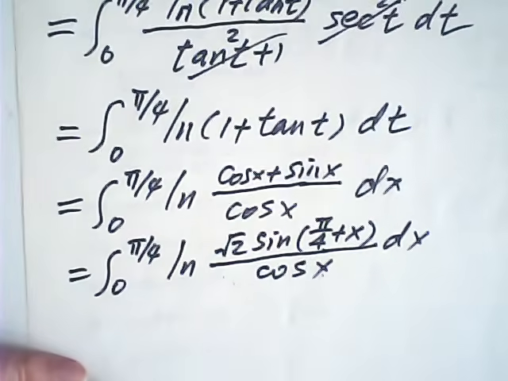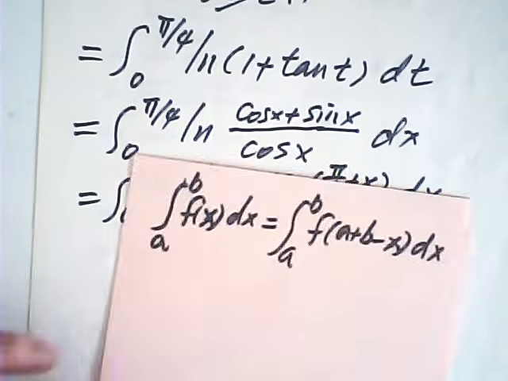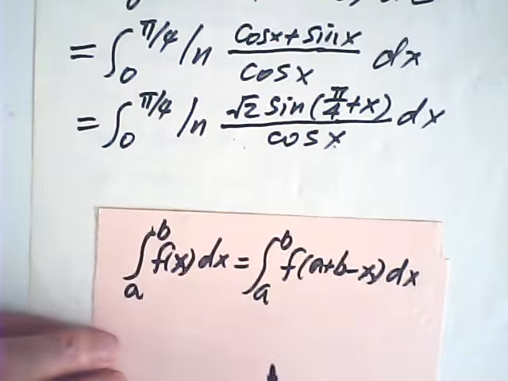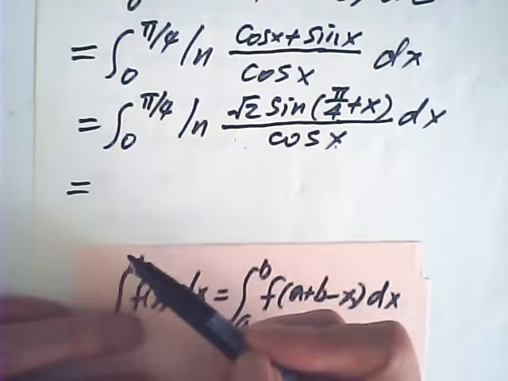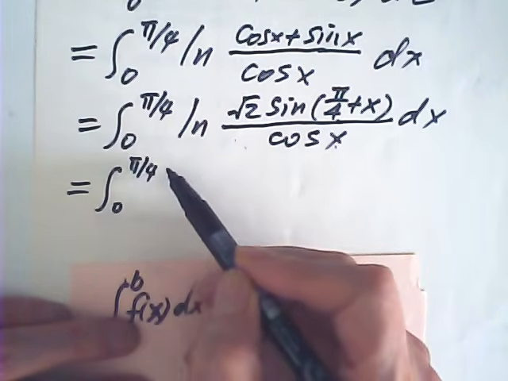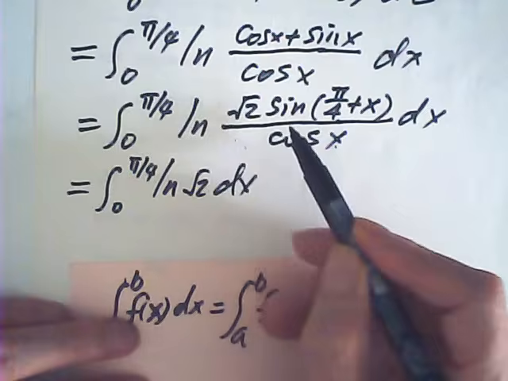Okay, good. Then I'm using this formula again. This one equals the integral from 0 to quarter pi of natural log root 2 dx. That's the first one.